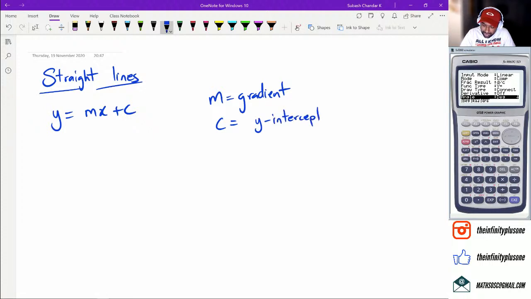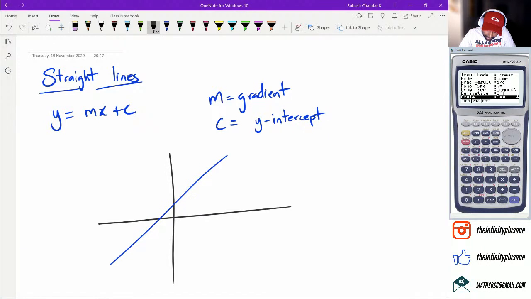If we're looking at a line like this, the value right here is known as the c value. And then we have the gradient, which ends up being the slope.